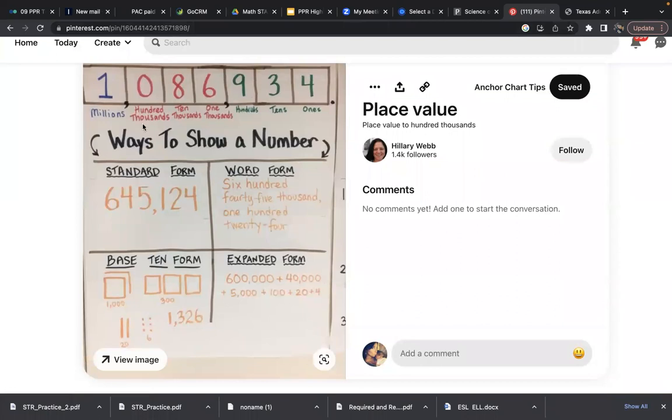In third grade, it goes all the way up to 100,000, and I would expect that we get to millions in fourth grade. This is something you would teach to your third grade students, because it complies with through the hundred thousands.